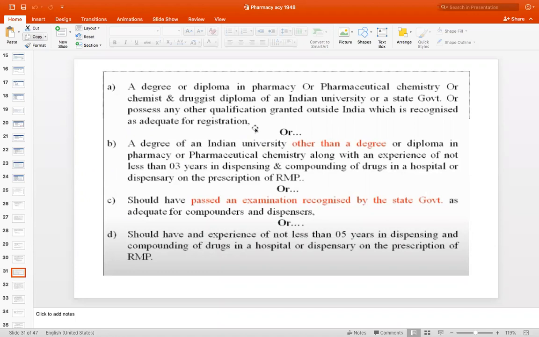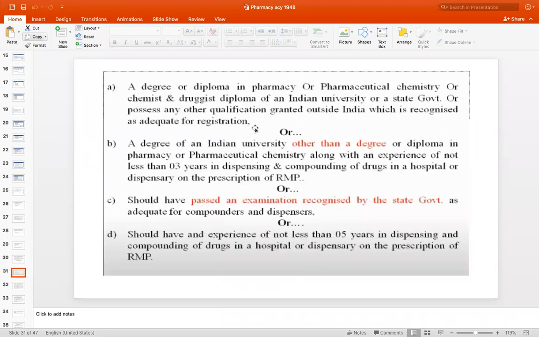So at least he should have an experience of 3 years in dispensing and compounding. Then he can have passed an examination recognized by the state government as adequate for compounders and dispensers, as I just said for the druggist. At least he should pass that examination.